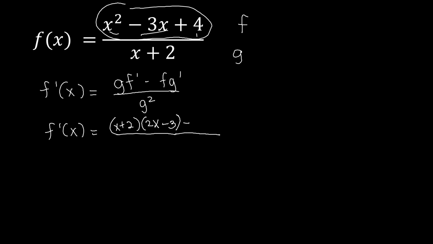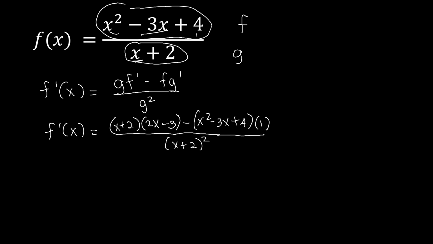Minus f, which is x squared minus 3x plus 4, then multiplied by the derivative of g, which is x plus 2. The derivative of x is 1, the derivative of 2 is 0. Over x plus 2, we square that. And then we try to simplify that further.